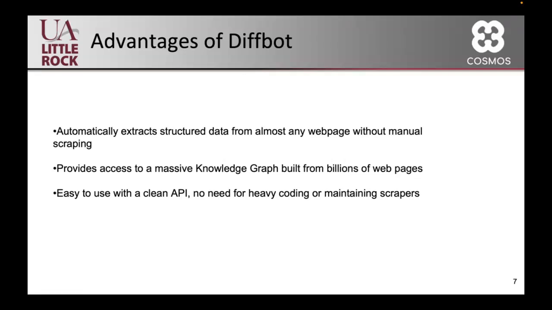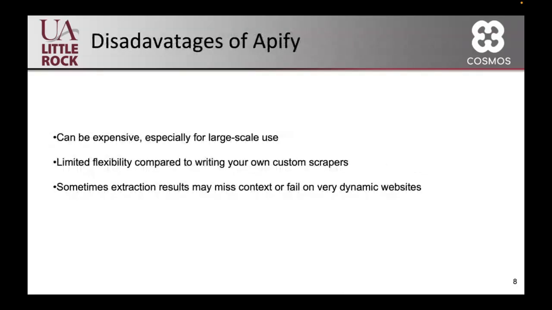But today our course relies only on blogs, so I only talked about blog tracking. Also like Apify, it has a very easy-to-use clean API, so no heavy coding is required, and you don't have to maintain these scrapers yourself. Most of the advantages of Apify also apply to Diffbot, so they are very good platforms for collecting things.